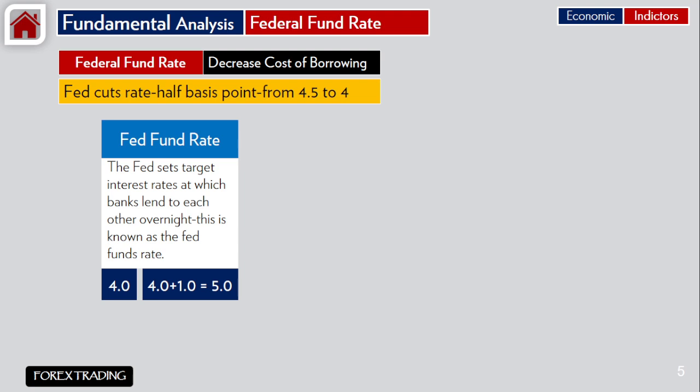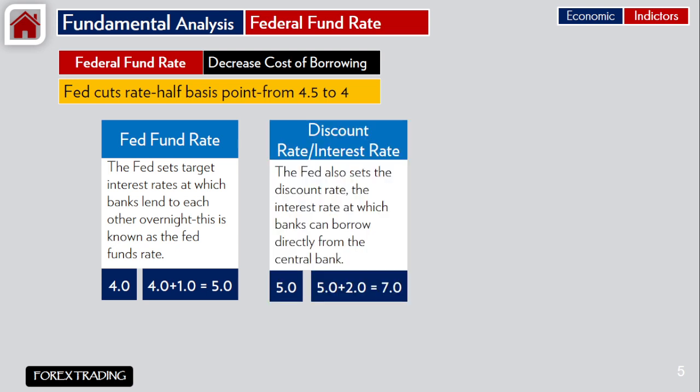Then when the banks lend to each other, they add another 100 basis points, and it becomes 5.0. This is where they transact with each other overnight. Then when these banks give out money to the public as loans, they add another 200 basis points on top of 5.0, and it becomes 7.0.